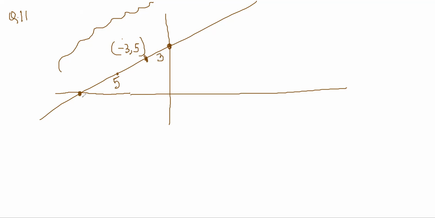Yeah. You can immediately find this point and this point now. This point will be some (minus a, 0) and this point will be (0, b). Yes, we can do that. Do your basic section formula, you'll get a and b. Once you get a and b, your equation is x by minus a plus y by b is equal to 1.